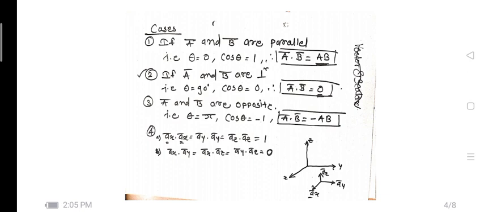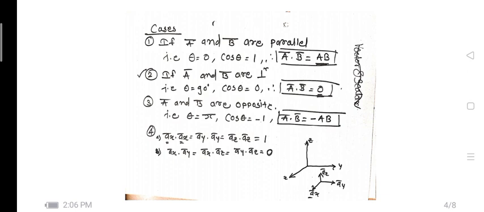We also have understanding about the dot product between unit vectors. So let us take a dot product between unit vectors. So a bar x dot a bar x, that means self product we are considering. A bar x dot a bar x is equal to a bar y dot a bar y is equal to a bar z dot a bar z is equal to 1, because we are talking about the same vector.